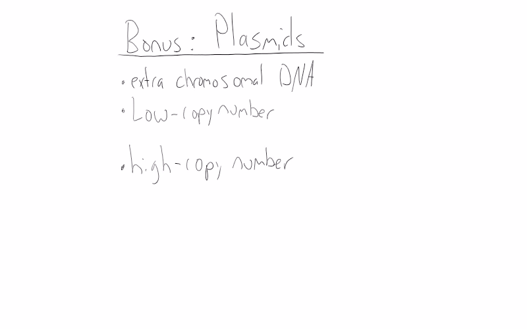Continuing on, a little bit of bonus here. In bacteria, you have what are called plasmids, which are extrachromosomal pieces of DNA, meaning they're outside of the chromosome that typically contains all the genetic material for that organism. There are two types. The first is the low copy number, which has only about 1 or 2 copies per cell.